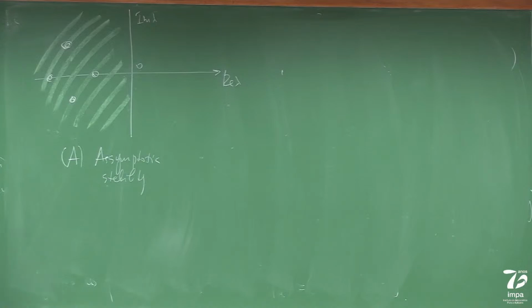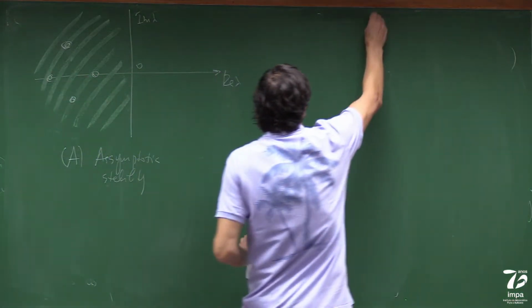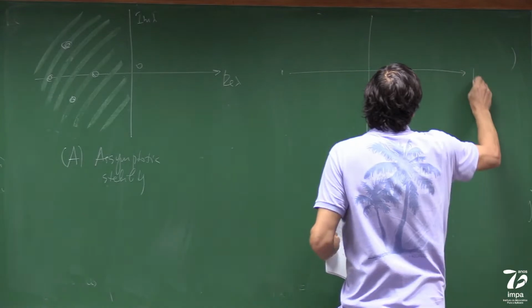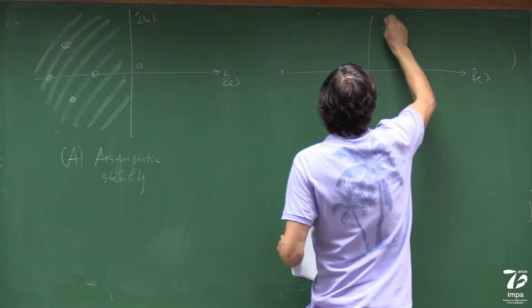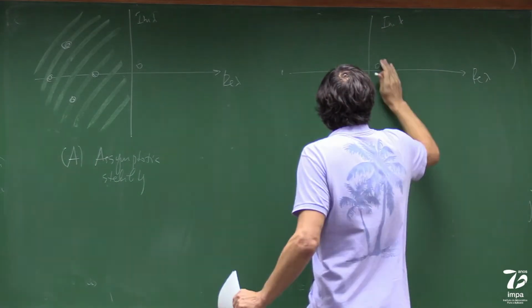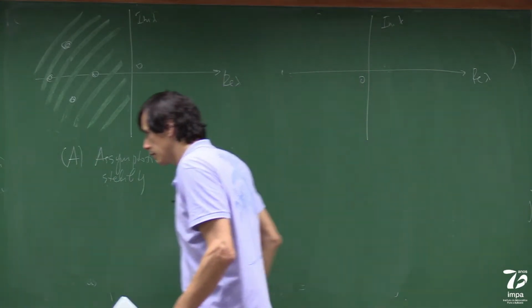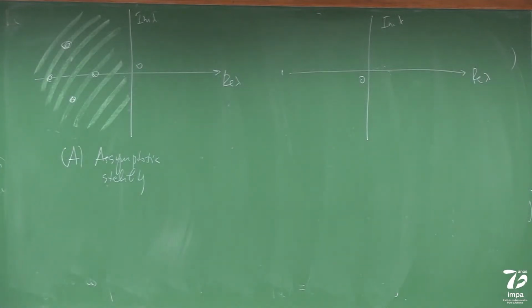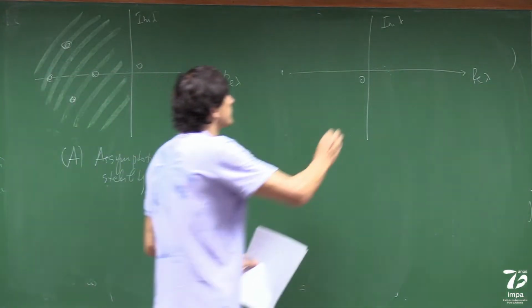And the same in case B. Case B says that there should be at least one eigenvalue on the right-hand side.